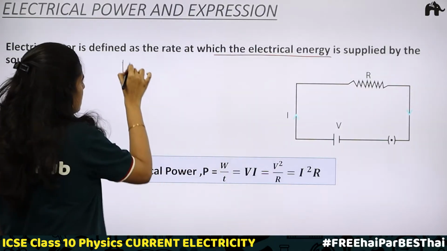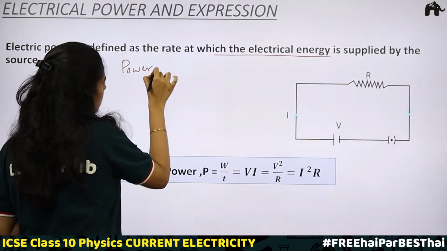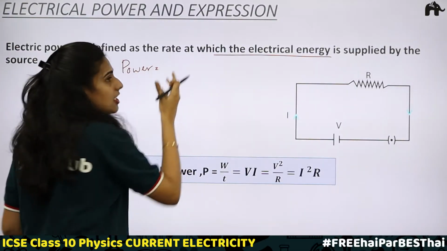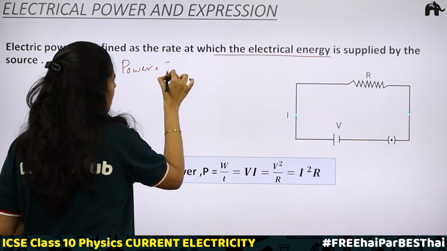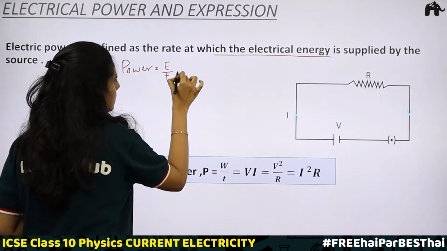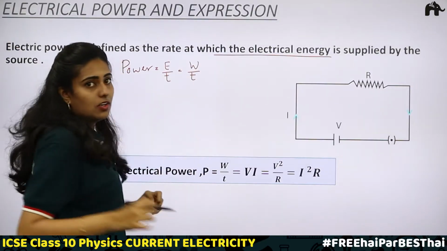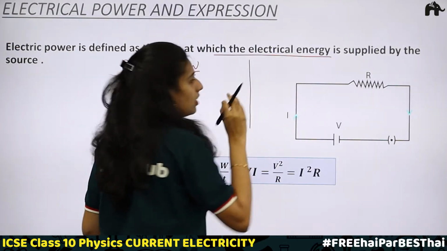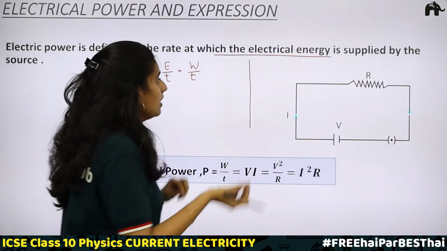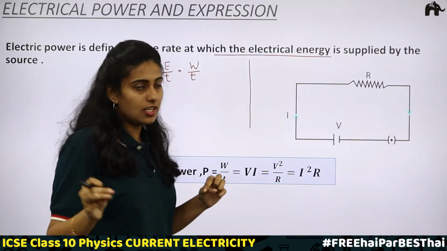We have power is equal to work by time. Here it is the energy supplied divided by time, or the work divided by time. Now what is work? We have studied potential difference is the work done in moving a charge from one point to another.